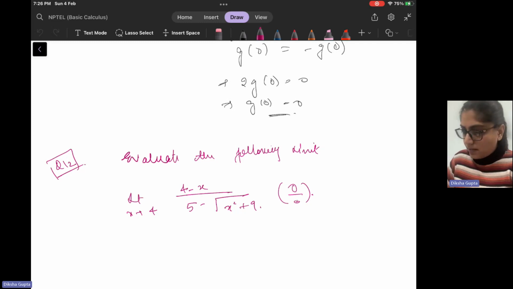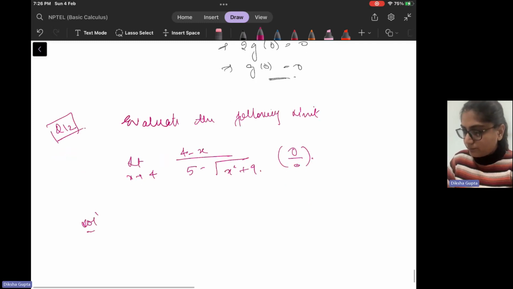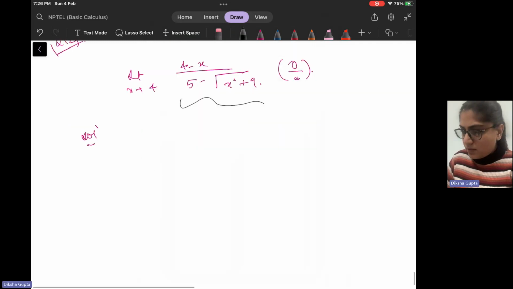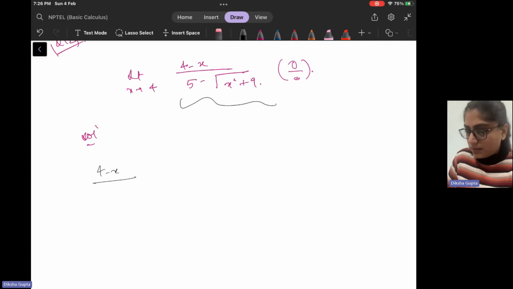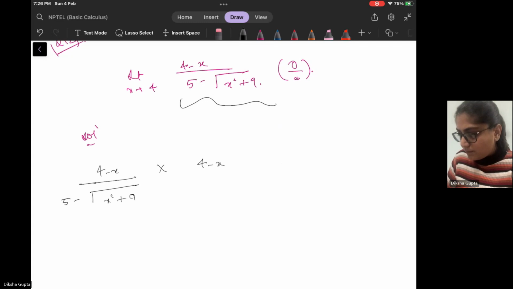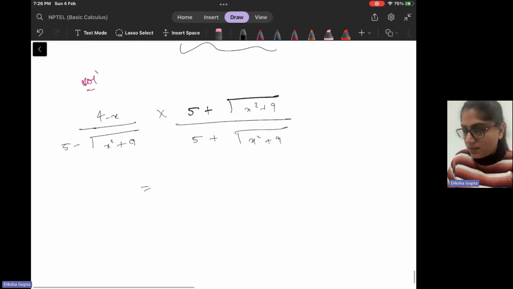So when we rationalize, I'll just write this function and then apply the limit, just to avoid writing the limit x tending to 4 notation every time. Multiply by 5 plus square root of x square plus 9 upon 5 plus square root of x square plus 9. In fact, no need to even multiply because you have to put the limit at the end.